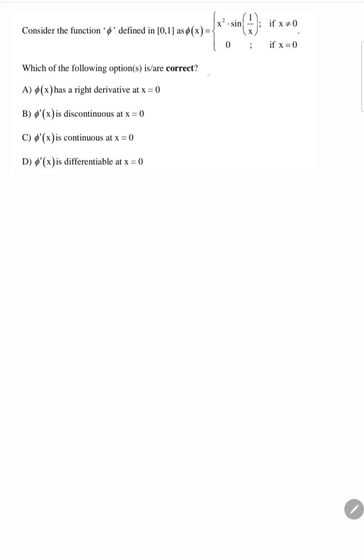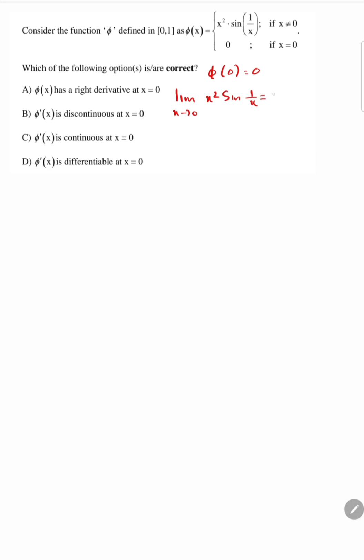For that, what is phi of 0? Phi of 0 is 0. Now what we need to find is the limit at 0. So let me find the limit as x tends to 0 of x square sine 1 by x. This is the function. When x tends to 0, x is not 0, so I have to take the case where x is not 0.